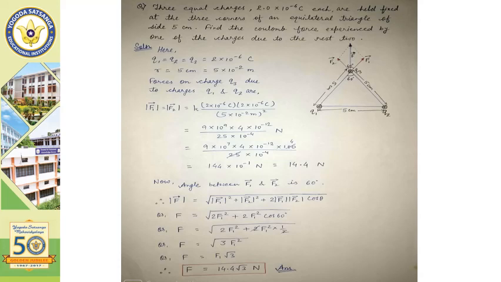Now we are going to calculate the force on charge Q3 due to the charge Q1 or the charge Q2, as from Coulomb's law, F1 equals F2 equals K into 2 into 10 to the power minus 6 coulomb into 2 into 10 to the power minus 6 coulomb upon 5 into 10 to the power minus 2 meter whole square.